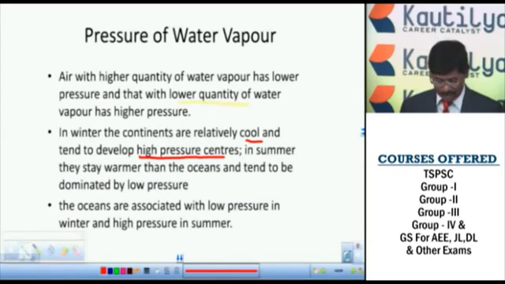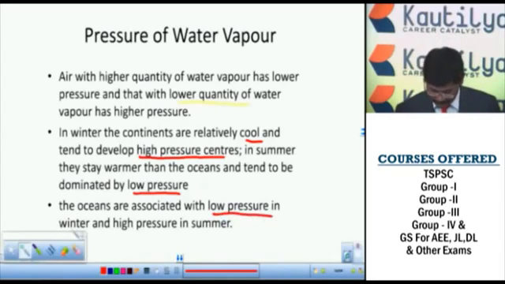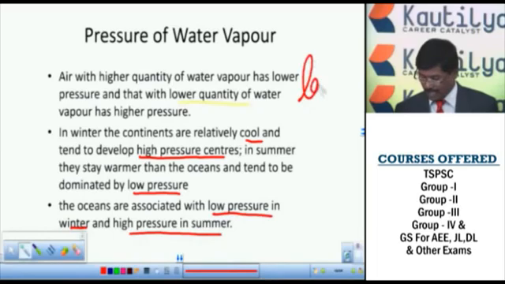Again, in the summer, if you observe the oceans, we know low pressure will be there because temperatures are higher. But the oceans are associated with low pressure in winter and high pressure in summer. That is mainly the difference between land and water.